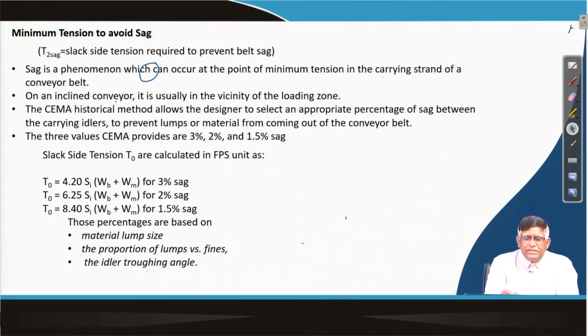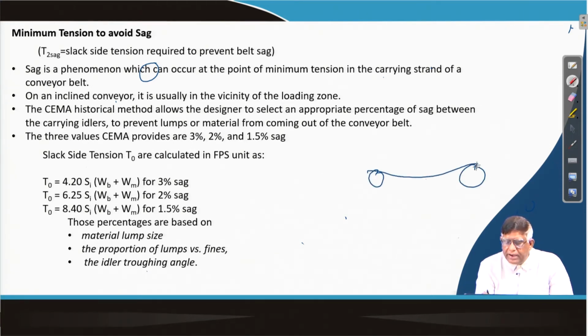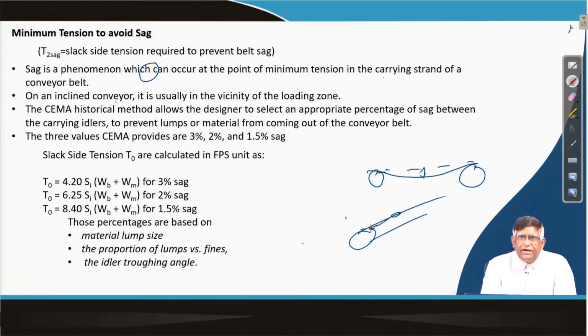Sag means that when we give a conveyor belt over here, it will sag like this. Similarly, when you take a belt like this, there will be some sag over here. Considering those things, they calculate what the tension in the belt should be due to this sagging.